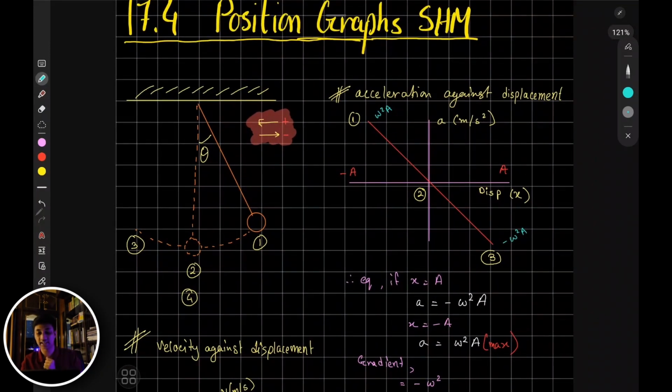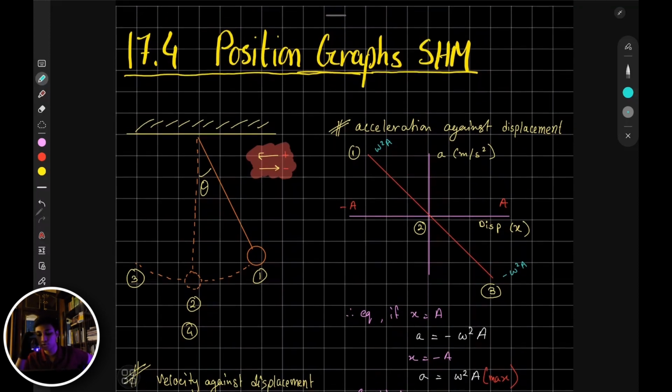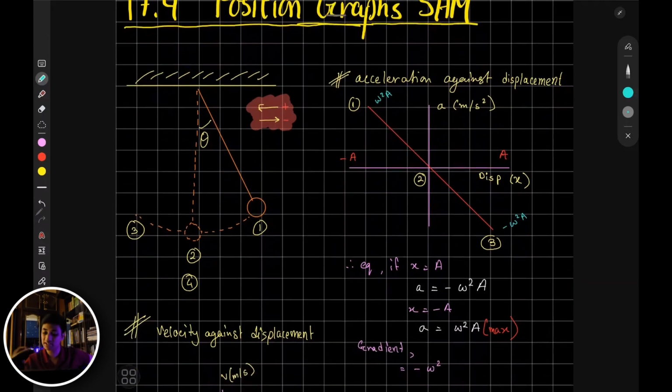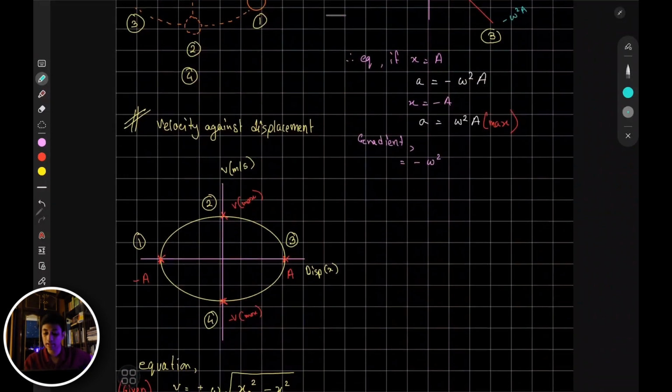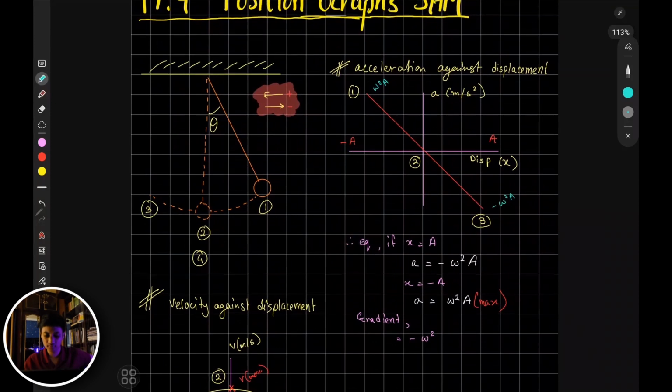Let's first understand the acceleration against displacement curve. On the x-axis for position graphs, you're going to label amplitude, negative amplitude and positive amplitude, the maximum displacement from equilibrium on either side of the axis. One is going to be negative, the other positive.